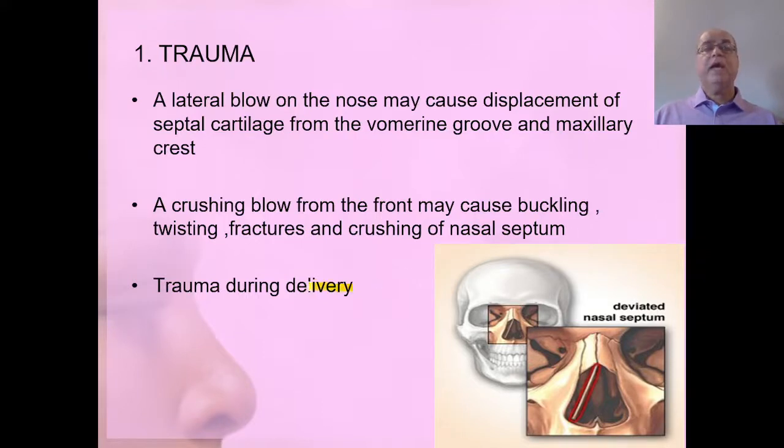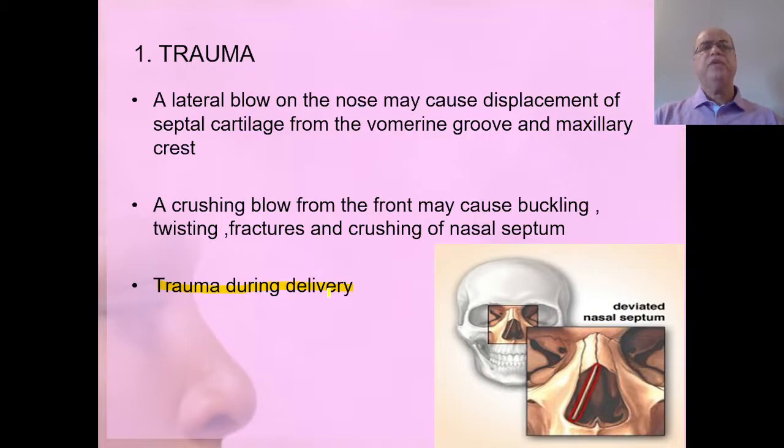Then trauma can occur during delivery, when during normal delivery the nose may be hit against the pelvic bones, and even during intrauterine life, when the fetus is moving in the uterus, it may be hitting against the walls of the uterus. Then as a toddler, the baby is hitting against the floor, the tables, the chairs.